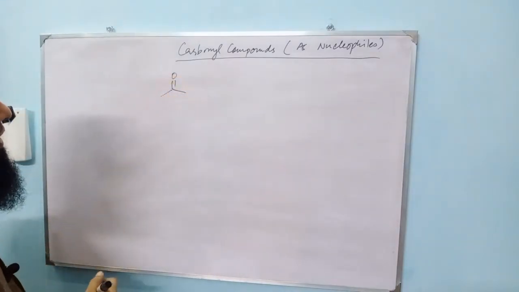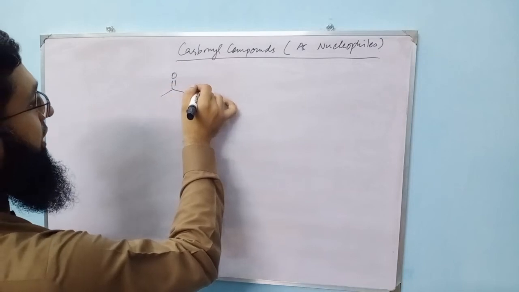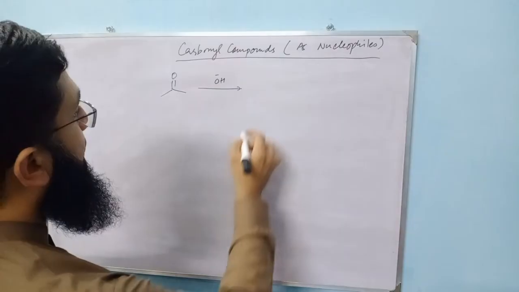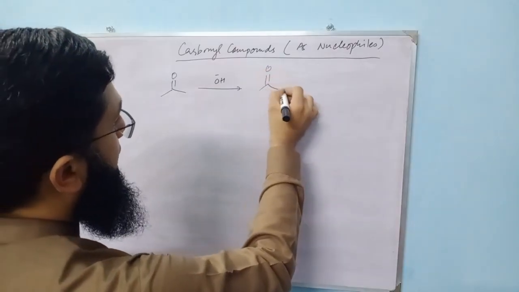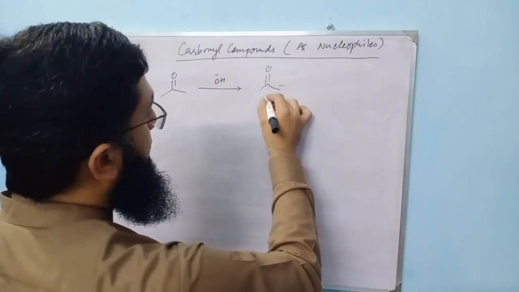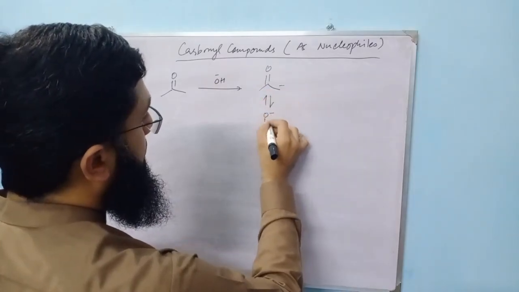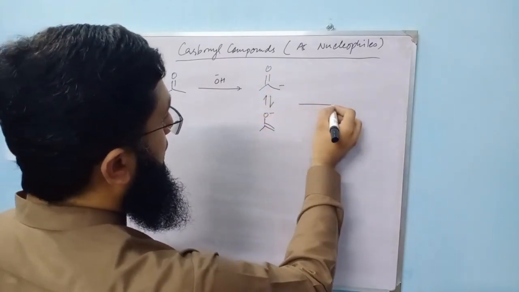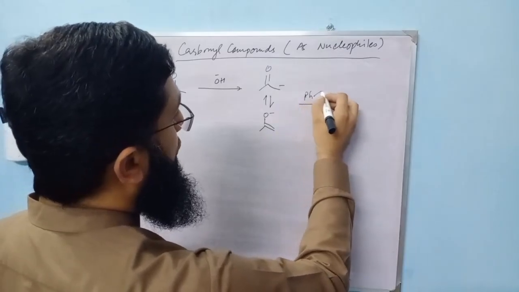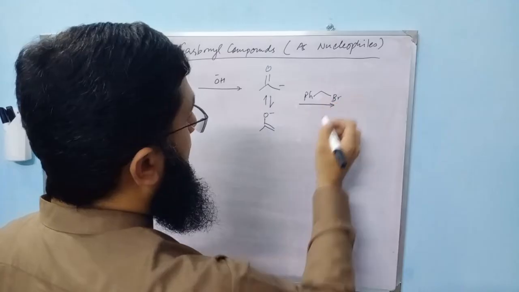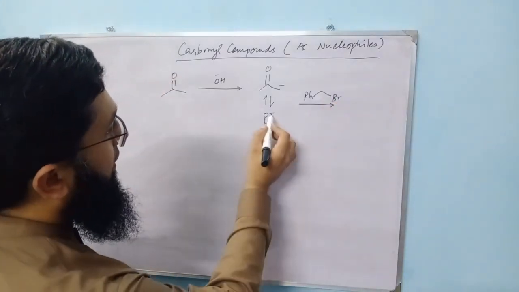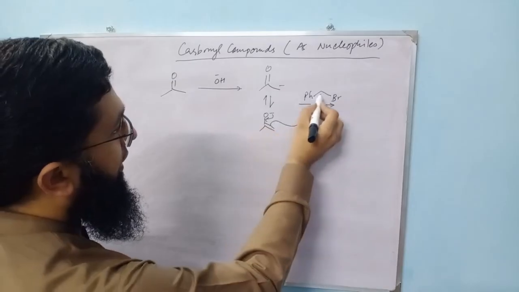For example, we take this alpha hydrogen containing carbonyl and we treat it with a base, and as a result we get enolate, and this enolate can be allowed to react with an electrophile, and the most common electrophile is alkyl halides, and it can shift here and this would attack here.